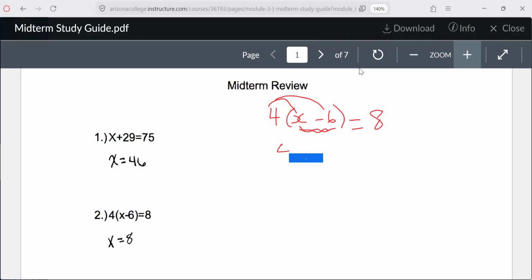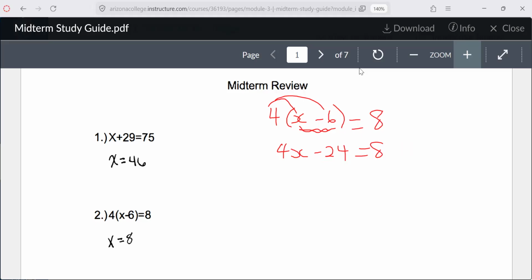So we've got 4 times x is 4x. Oops. So we've got 4x minus 24 equals 8.